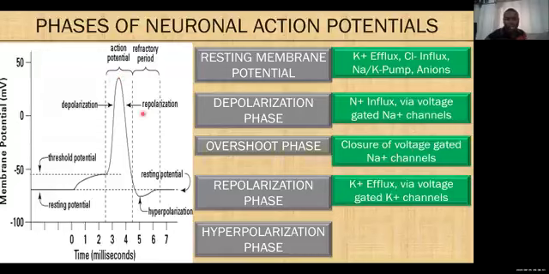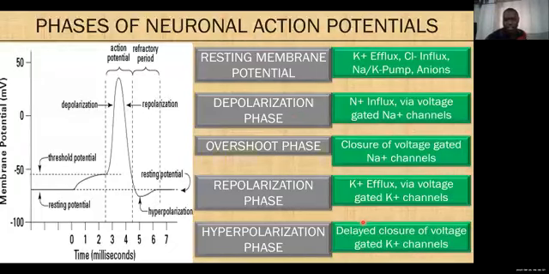The repolarization phase is due to opening of voltage-gated potassium channels so that now we have potassium efflux. Then lastly, the hyperpolarization phase is due to delayed closure of the voltage-gated potassium channels.